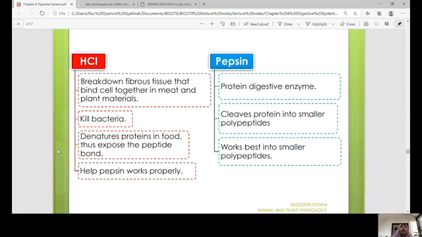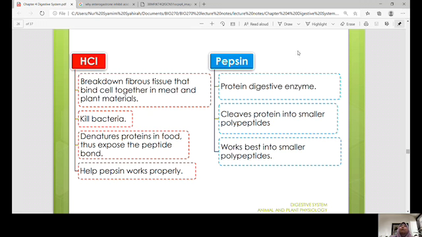Let's see the functions of hydrochloric acid and pepsin. Since hydrochloric acid is a very strong acid, it functions to break down fibrous tissue that binds cells together in meat and plant materials. It can also kill bacteria, denature the protein to expose the peptide bonds, and help the pepsin work properly.